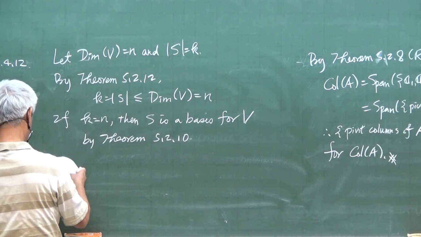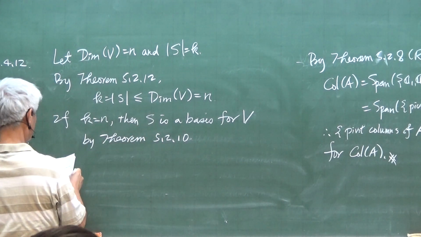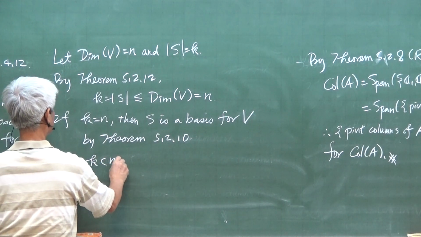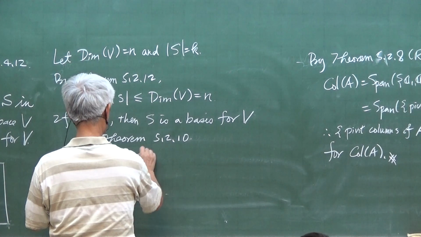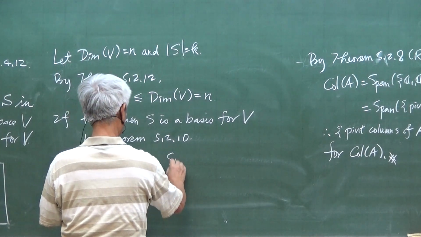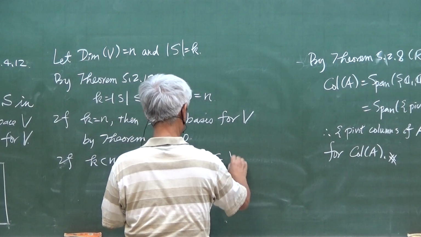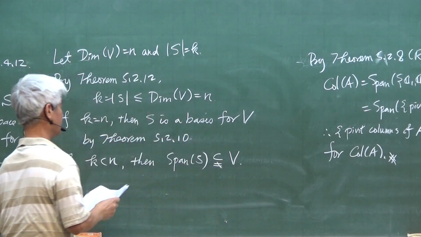So we just apply the previous theorem. Now, if k is less than n, then of course the span of S is not equal to V, so it cannot span V.